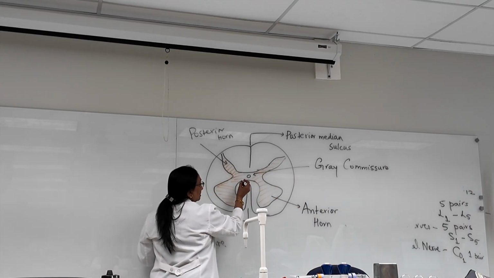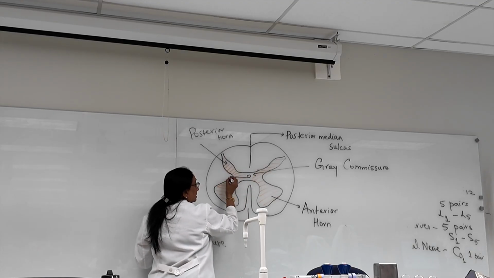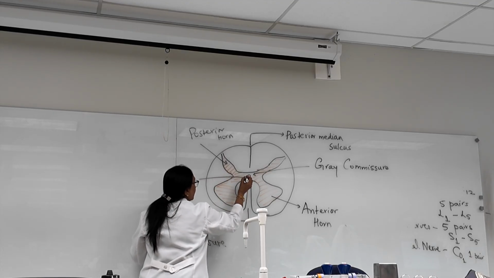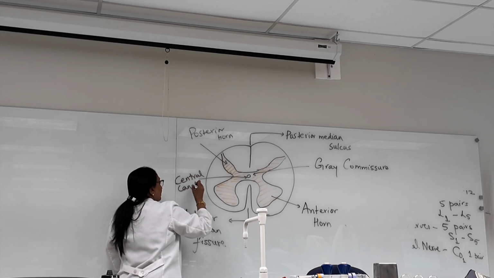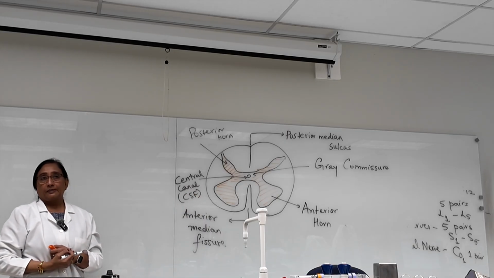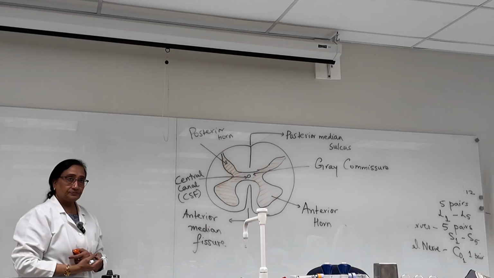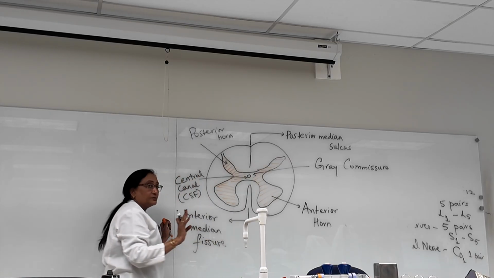And this hole that you see here, the space, this is the central canal of the spinal cord. Central canal, which is filled with CSF. So CSF flows through this central canal. And what's outside is the white matter.